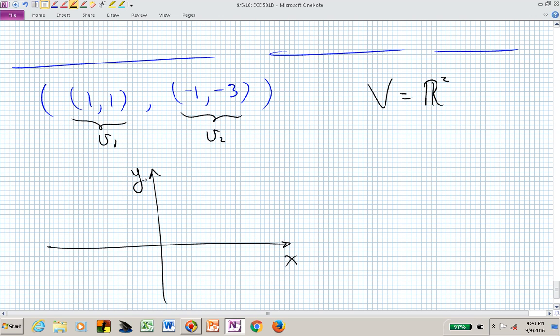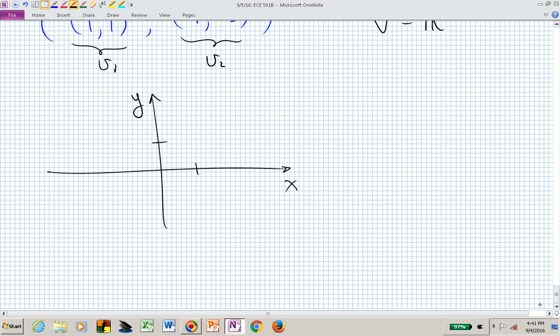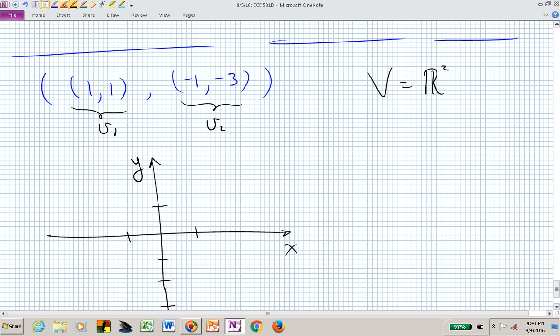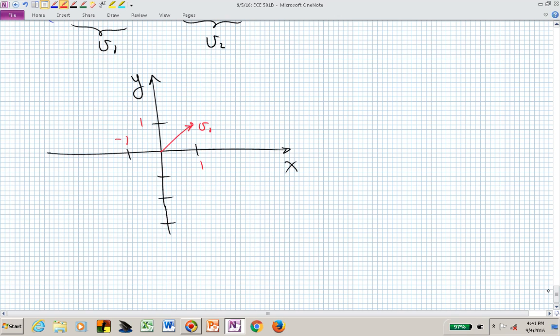Here's our two-dimensional plane. And now we said that V1 is this vector 1, 1, and V sub 2 is minus 1, minus 3.